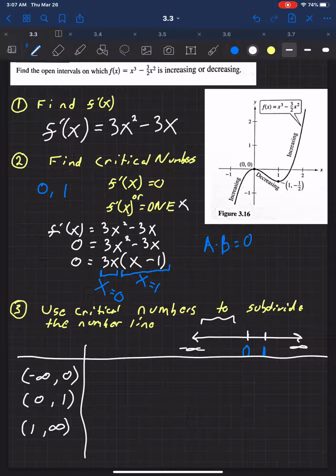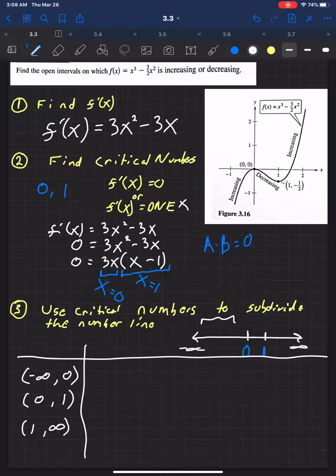All right, so now let's not lose sight of the question. The question was, where is the function increasing or decreasing? So the way this is going to work is we are going to choose a number, and it doesn't matter which number, any number that is in the intervals that we just wrote down.